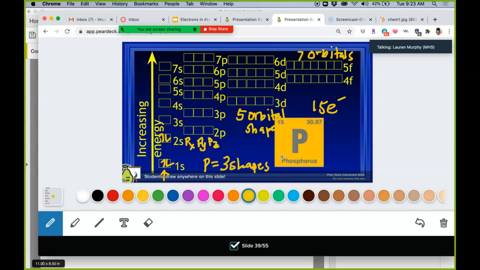Okay, so let's finish phosphorus. This is the orbital notation for phosphorus. We're finishing it. So far, I only have 4 electrons, so I'm not done. Now, if I go to fill these in, do I do this first?